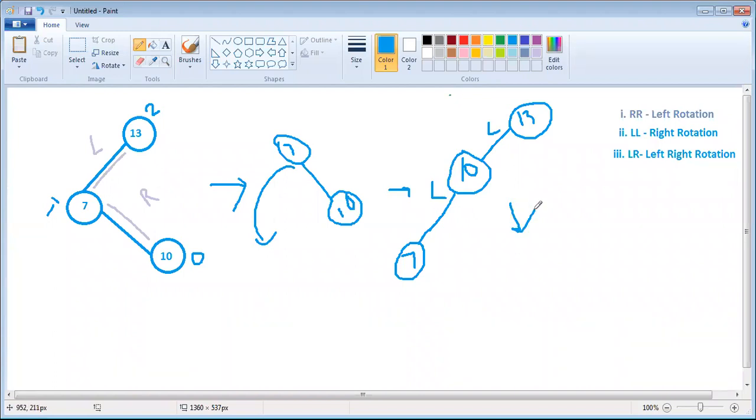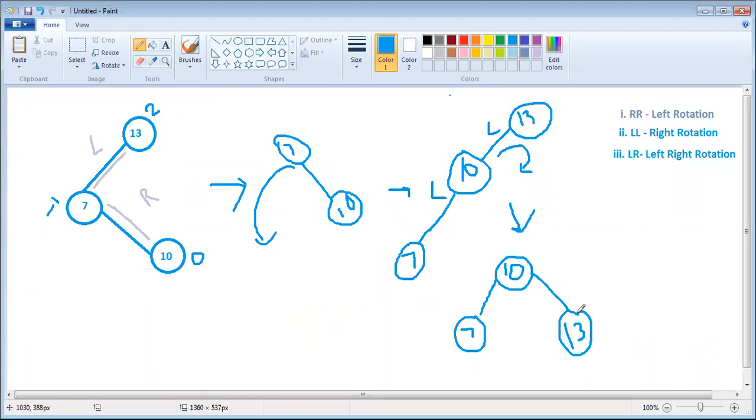So if you do right rotation, what will happen? 10 will become what? Very good, root node. 7 will come to the left side, and then 13 will come. Is it clear, everybody?